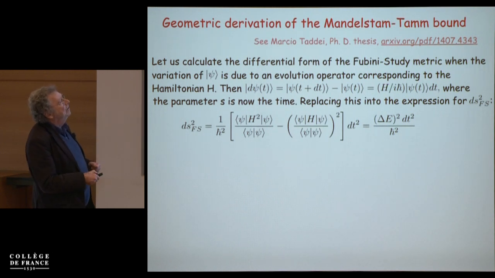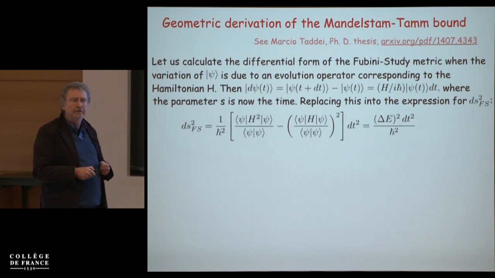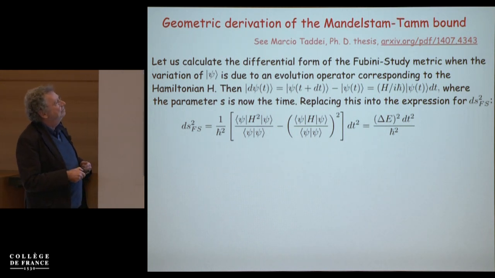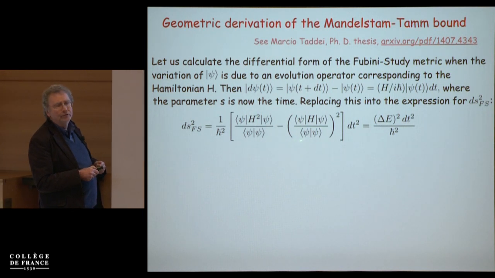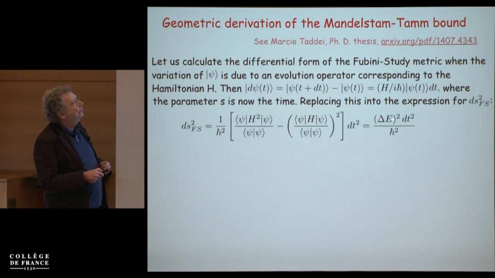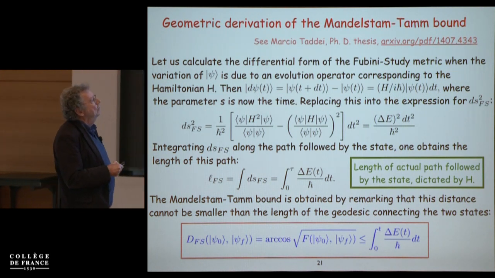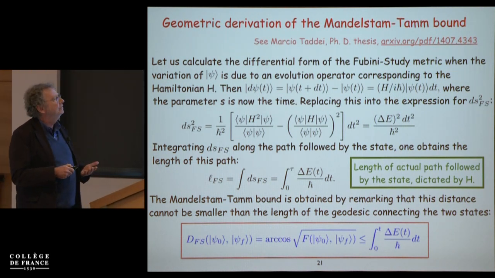So the parameter is now time. Now I introduce this d psi into the expression for the Fubini-Study metric. And this gives me this expression here. And you see here that you get the variance of the Hamiltonian. So this is the variance of the energy in this state, times dt squared. Now I integrate both sides along the path followed by the state.